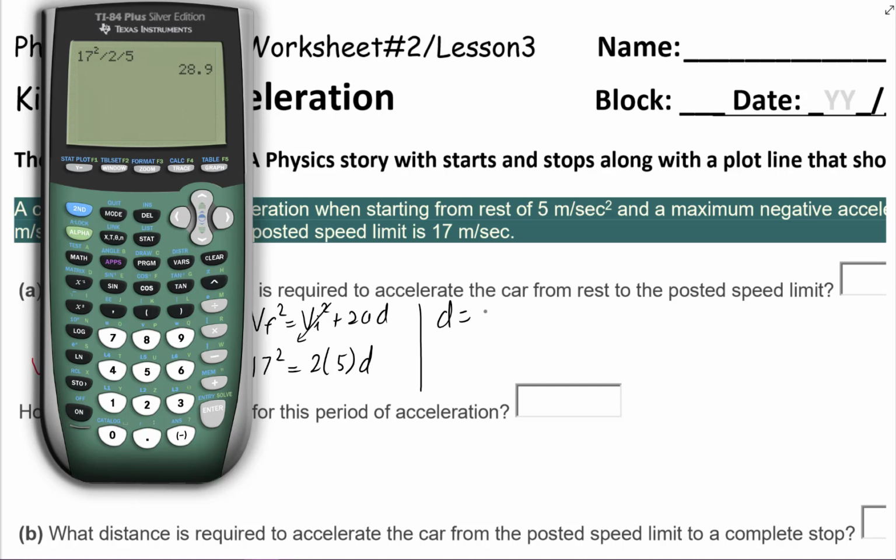The distance to get up to speed is 28.9 meters. It'll take them 28.9 meters to reach the posted speed limit.